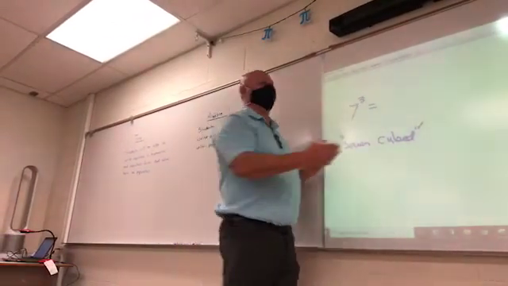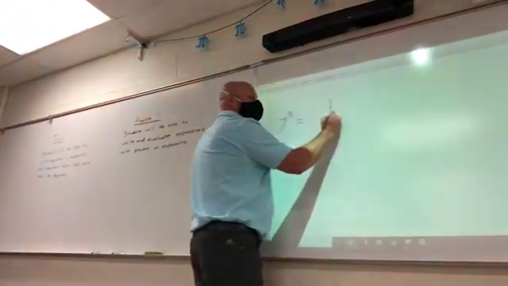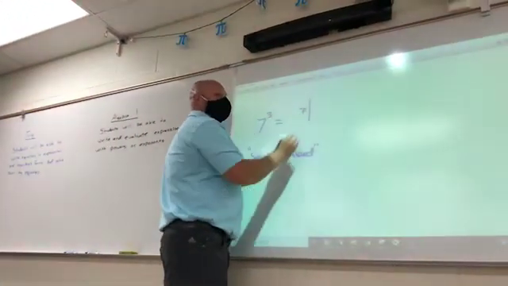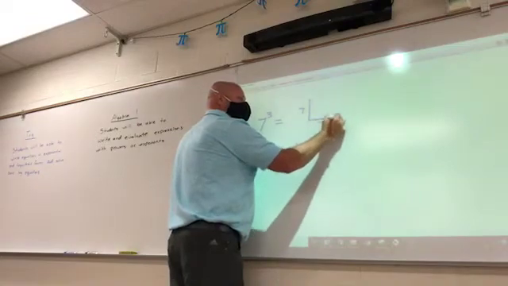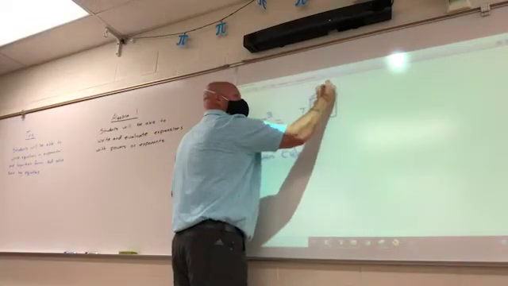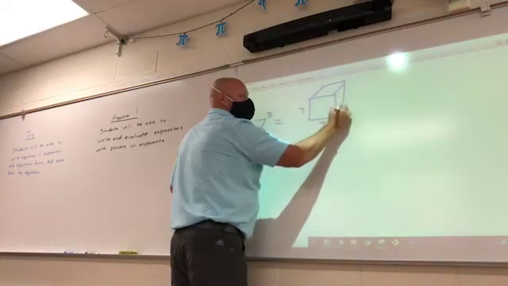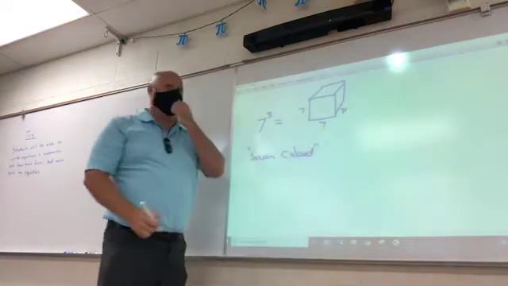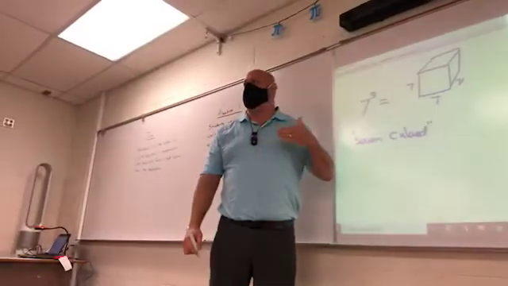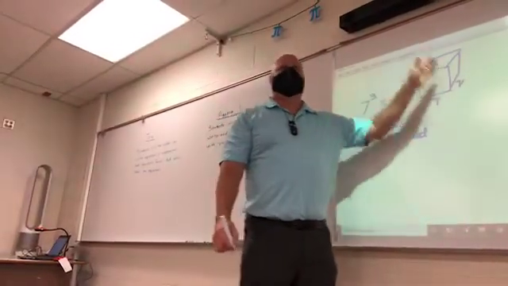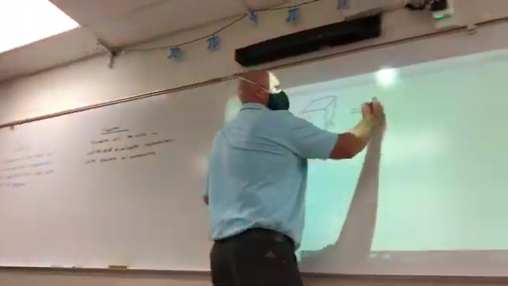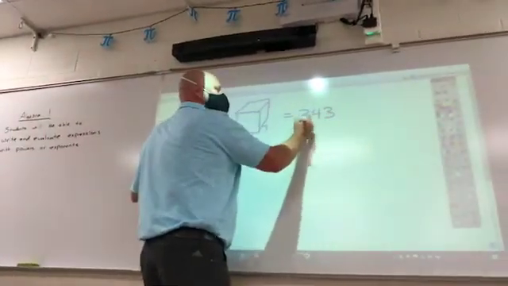If you think geometrically about a box that has a height of 7, a width of 7, and a depth of 7, and you say, find the volume of that. How would you find the volume of it? You go 7 times 7 times 7, which is 343.